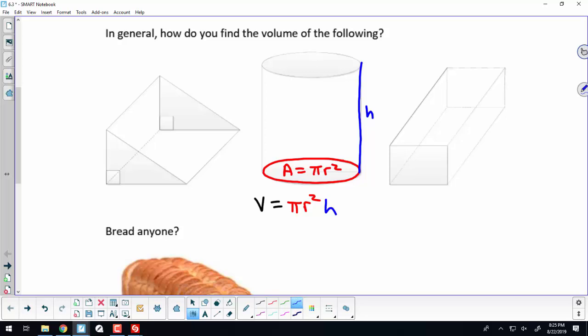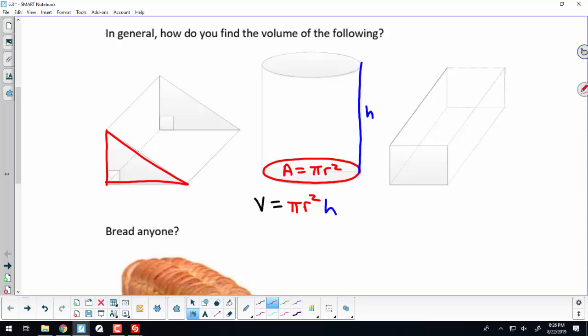How about the right triangular prism? What's the volume of that? We'll just consider the area first. That's our approach to finding volume: we'll see all these complicated figures, and we don't want to think about the volume.